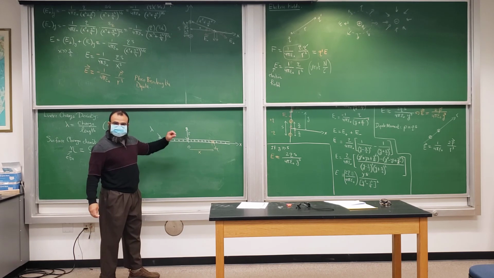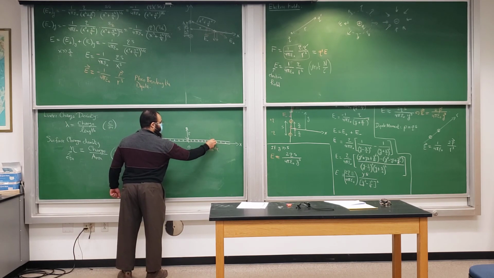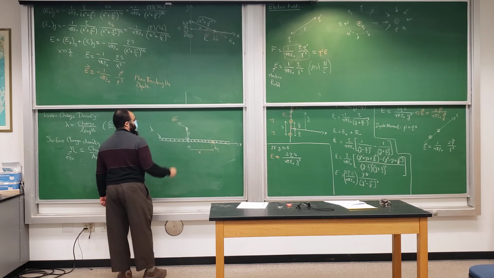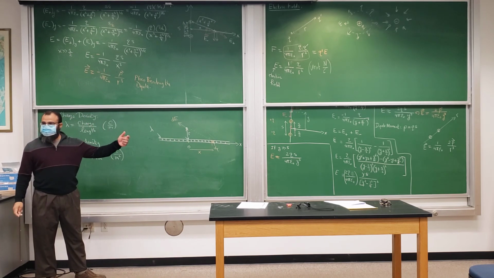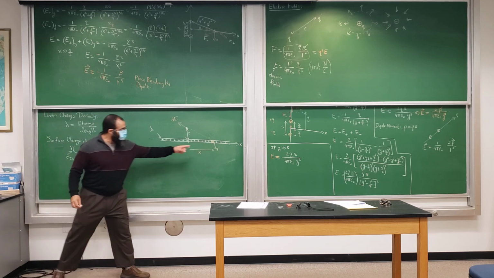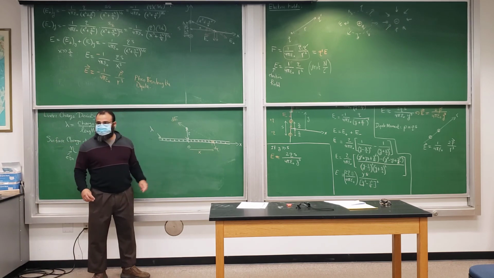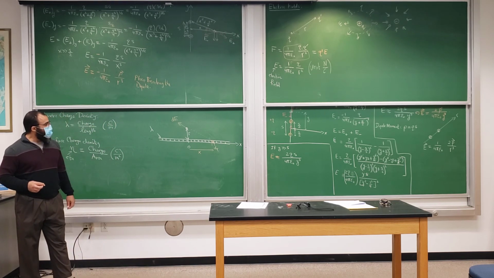So every little charge will produce a dE, a small amount of electric field, and since it's positively charged, the electric field will look like that, dE, in that direction. I call it dE because it's not the whole electric field, it's the electric field due to just this. And by integration later, we will get the total electric field. Okay?